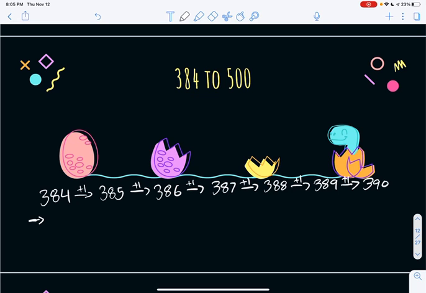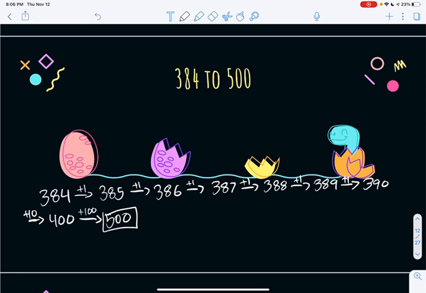So 390 plus 10 is 400. Can we start counting by our new benchmark number? Yep, because we're at 400. So now we can count by hundreds because we're in a number that you can move up and down by hundreds. So 400 plus 100 is 500, and that is our answer.